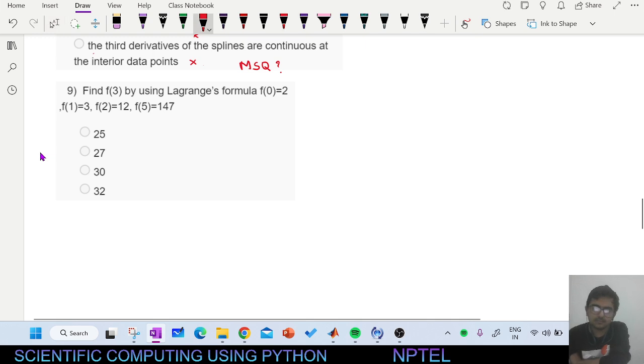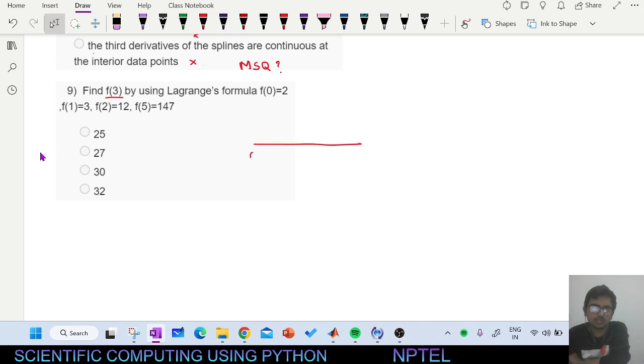Now one Bahubali question. Find f of 3 using Lagrange. What is given: at 0 the value is 2, at 1 the value is 3, at 2 the value is 12, and at 5 the value is 147.